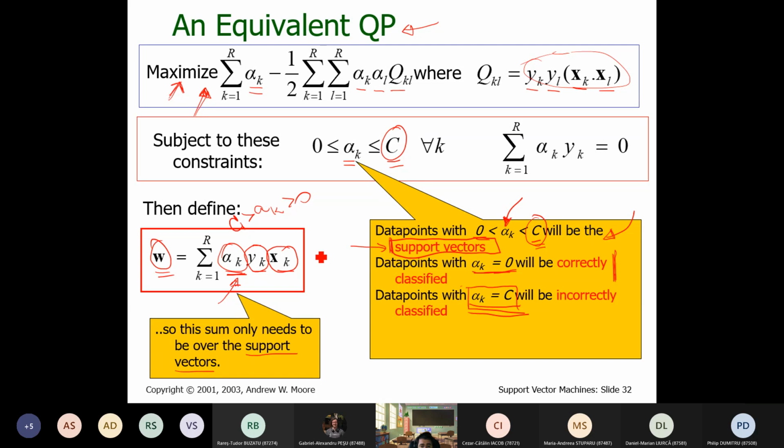So to compute the weights of the classifier, we will only need the support vectors, those points that have associated alpha k values strictly smaller than C and strictly higher than 0.